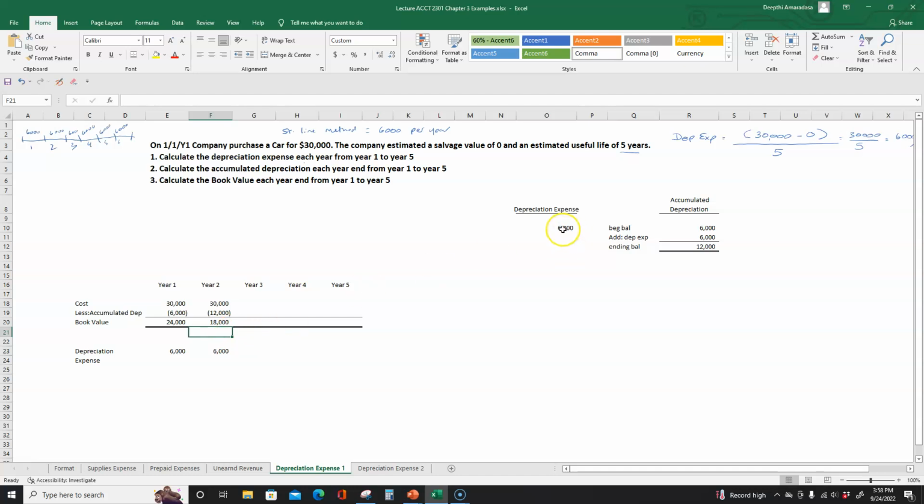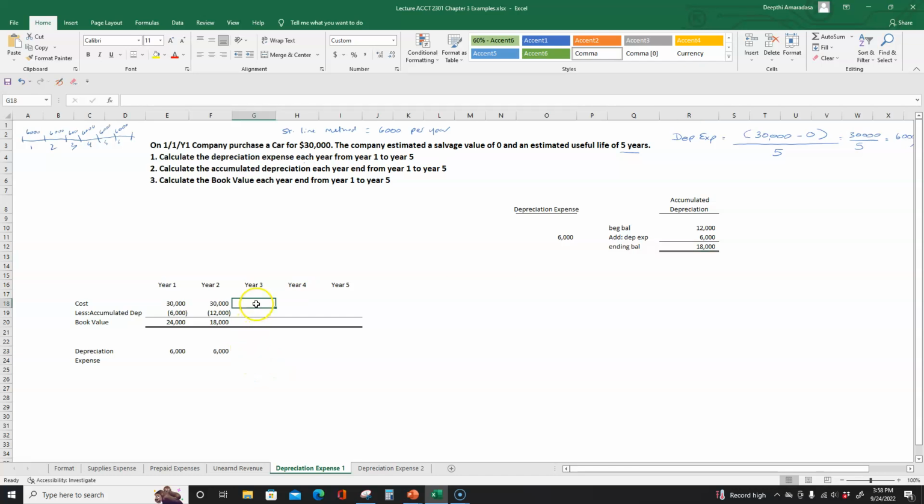Let's do year three. Year three, we know depreciation expense is still going to be 6,000. That does not change. Every year it's the same. Accumulated depreciation does change. We had a beginning balance of 12,000, which is what we ended year two with. Now we have another 6,000 when we record the adjusting entry, and then the ending balance is going to be 18,000.